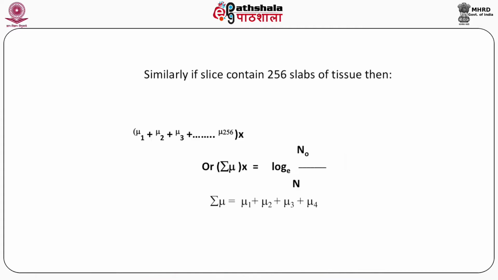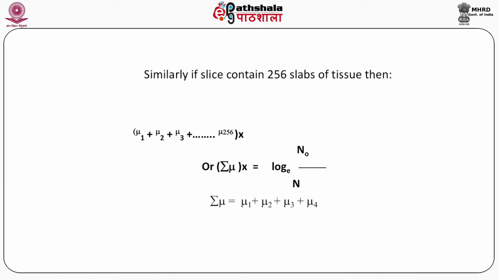By knowing the intensity of transmitted X-ray and the intensity of incident X-ray, we can find out the total value of the linear attenuation coefficient. If the slice contains 256 slabs of tissue, and in this figure you can see 256 slices, then the sum of the linear attenuation coefficient values of all these slices is equal to log E n0 upon nx.